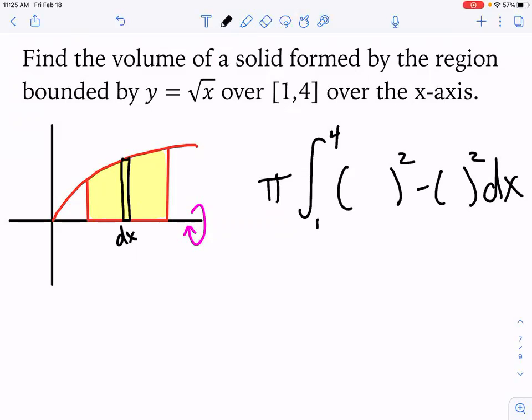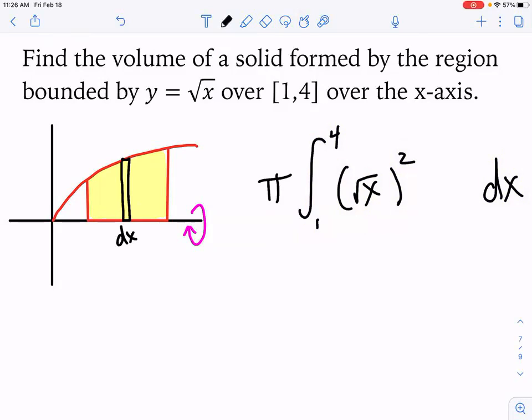Now, our outer radius is going to be the square root of x. What's our inner radius? You're welcome to write 0, or you're welcome to not write 0. Just to get through class quicker, go ahead and do this. Only put this into math 9, and then we'll tack on the pi. Let's make sure you're right.